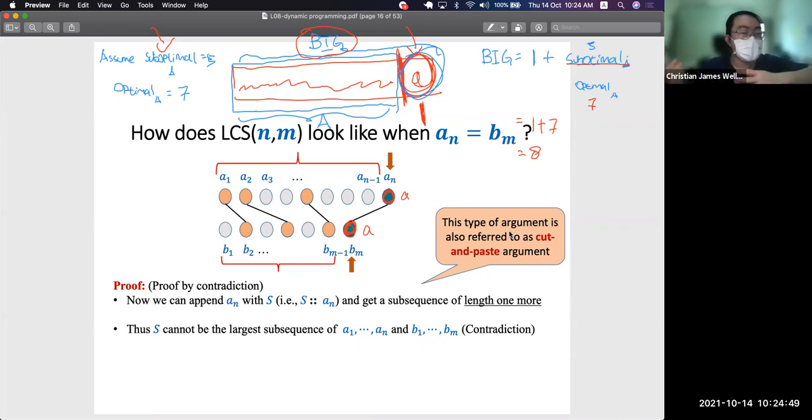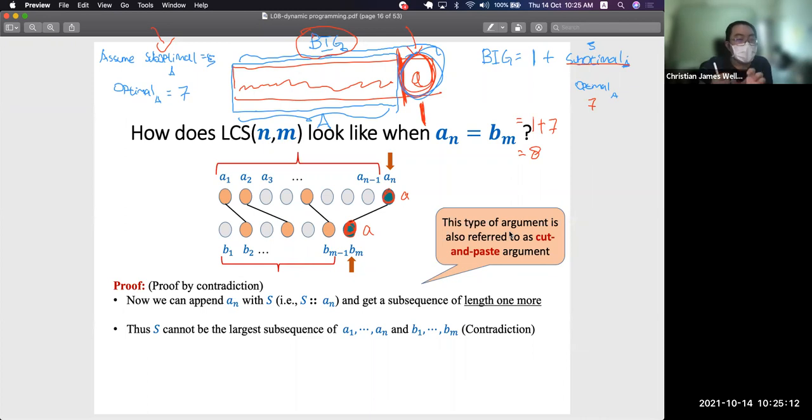Is this claim true or not? We prove that by contradiction using the cut and paste argument. Suppose the big problem can be solved optimally using the smaller suboptimal A plus 1.